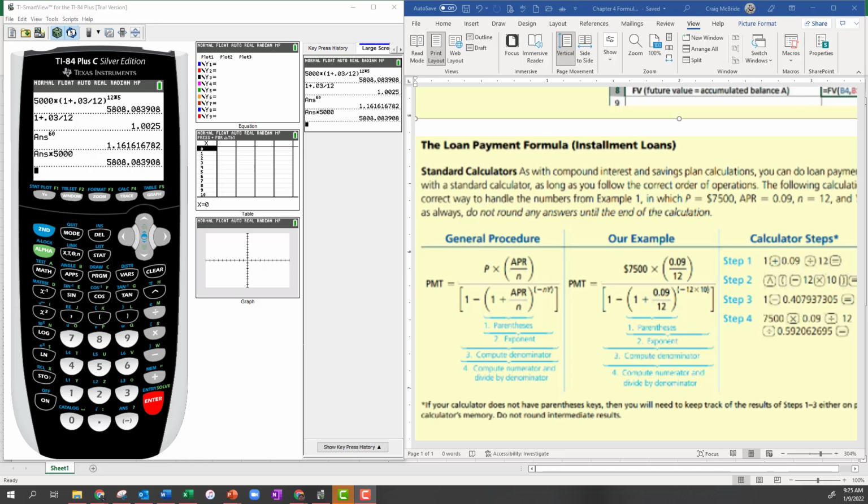Now, of course, if you're going to do continuous compounding, that involves E, and there's not an Excel. I didn't do that one in Excel because it's really easy to do that one in the calculator, and I'll show you that one real quick right here.